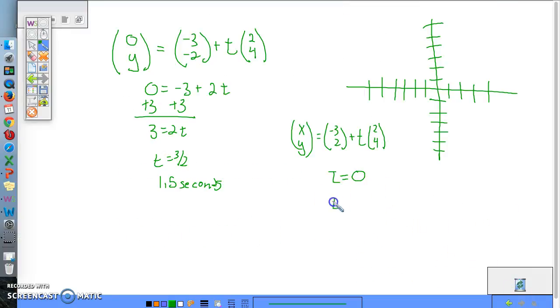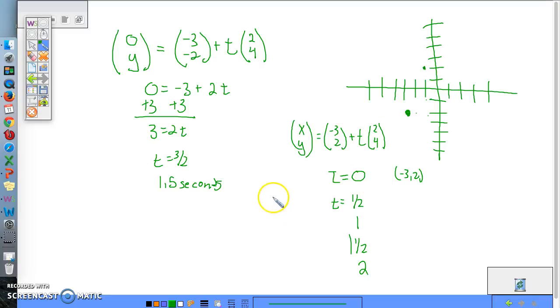Well, t equals 0 we know is at -3, 2, because that's our starting point. We could easily figure out 1: after 1 second, we go over 2 and up 4.